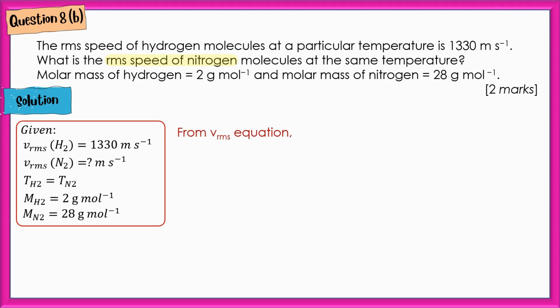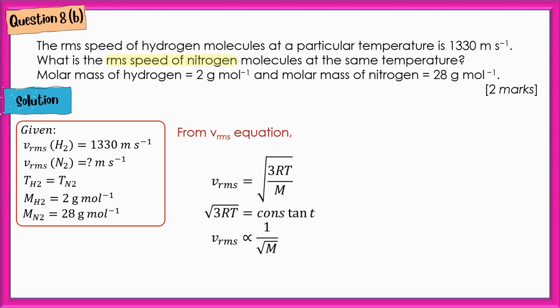Referring to the question, we want to calculate the RMS speed of nitrogen. So the equation for the RMS speed that we can refer to is Vrms is equal to square root of 3RT over M. Because we want to find the RMS speed of nitrogen at the same temperature, we know that Vrms is inversely proportional to the square root of the molar mass.